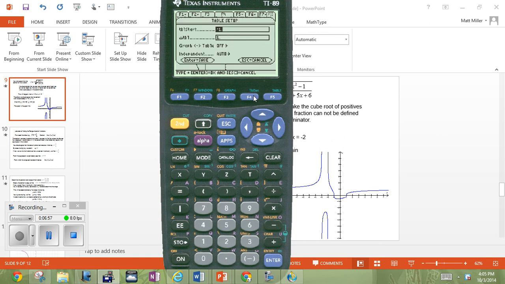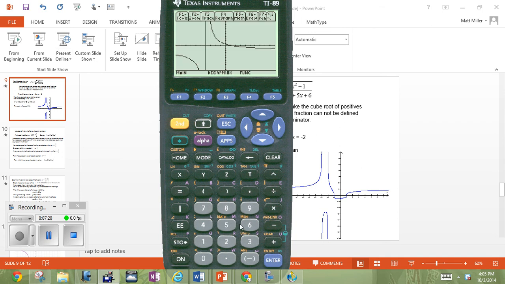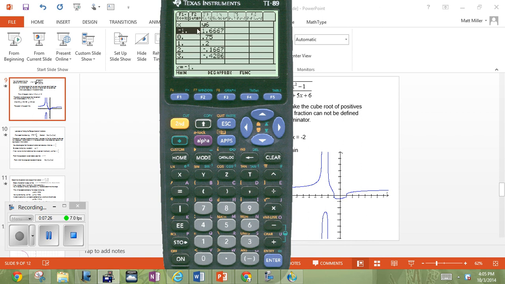Now, the table start is totally arbitrary, where you want it to begin. Where you want the increments to begin is totally up to you too. So let's just say we start at -1, and we just go in increments of 1, and then we accept that, and now we go and look at the table, and the table then shows the values.